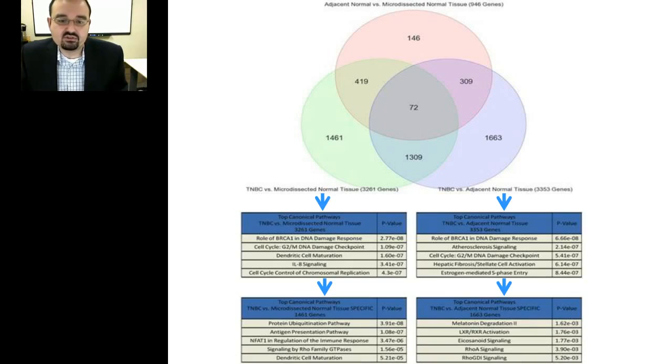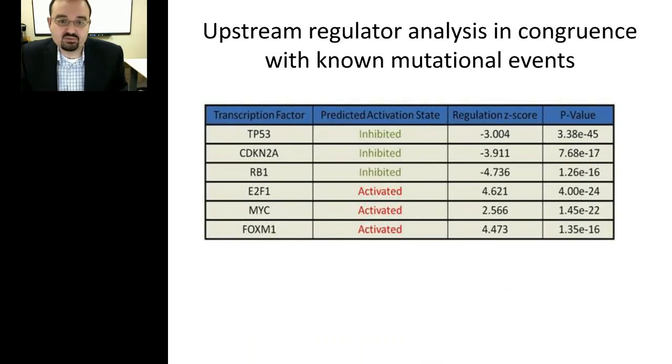On the left side, with triple negative versus microdissected normal, these include many immune pathways like antigen presentation, dendritic cell maturation, and NFAT1 regulation of immune response. But on the right side, with the adjacent normal comparator, we get pathways with smaller p-values and ones that are not as intuitive, like melatonin degradation and LXR activation. When we dug deeper into these, they were genes involved in activated stroma.